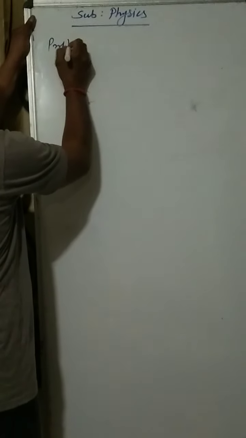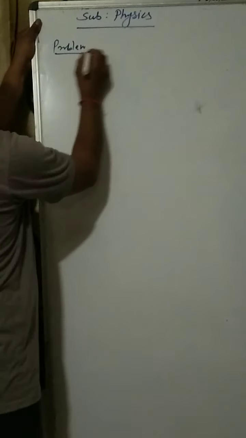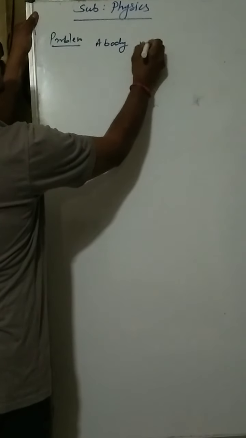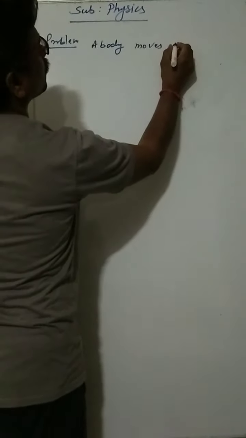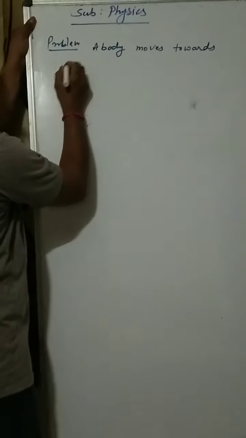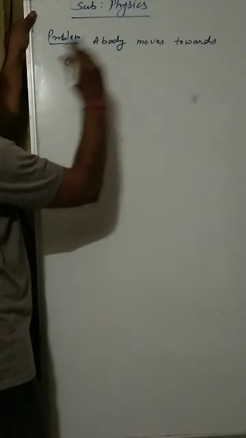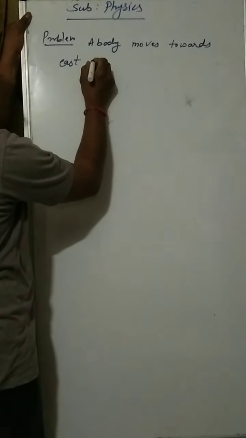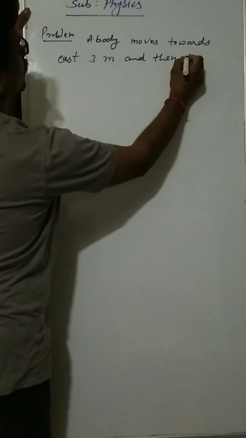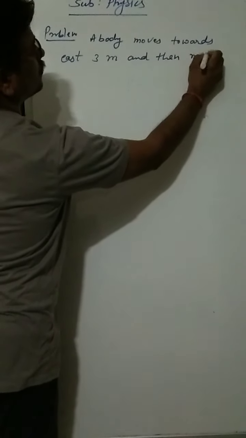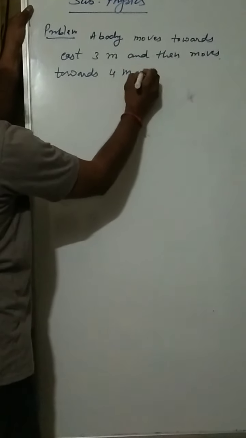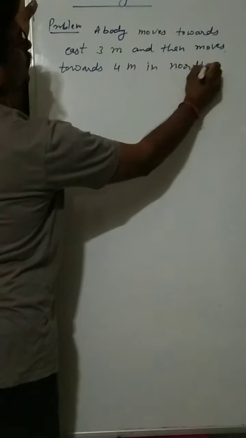The problem is what? A body moves towards the east direction 3 meter, and then moves 4 meter towards the north.